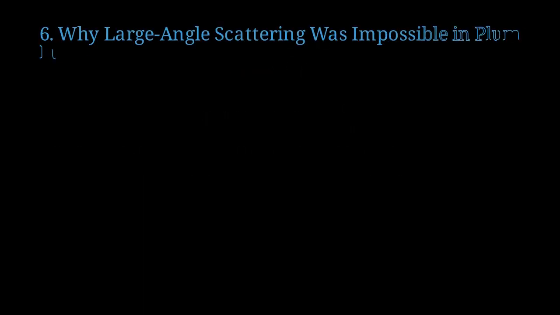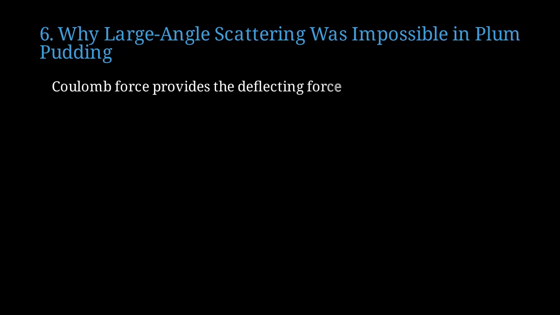Let's understand quantitatively why large angle scattering was impossible according to the plum pudding model. The deflecting force comes from the Coulomb electrostatic repulsion between the positive alpha particle and positive charge in the atom. The Coulomb force equals K times Q1 times Q2, divided by r squared, where K is Coulomb's constant.